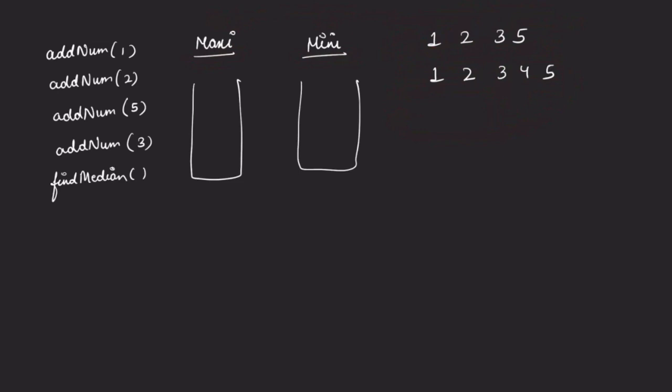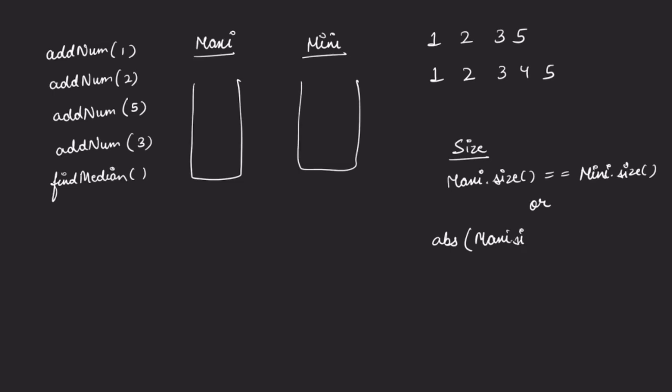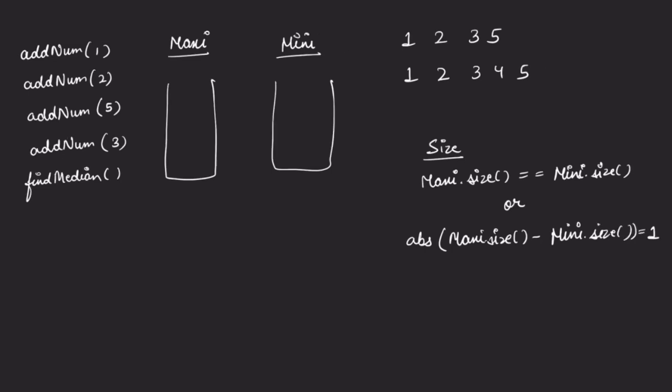So what I am saying is that maxi dot size will be equal to mini dot size, or another case would be that the absolute value of maxi dot size minus mini dot size is equal to 1, right?